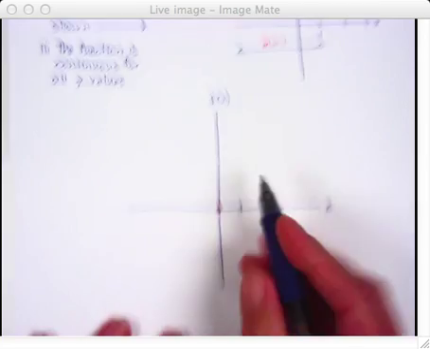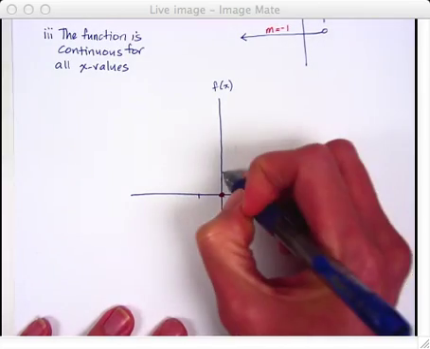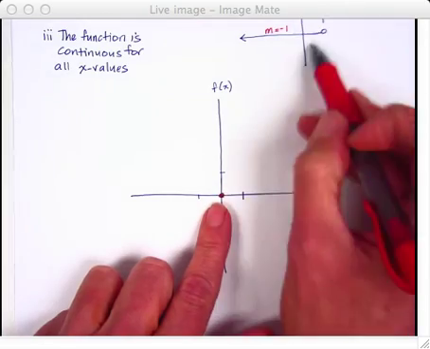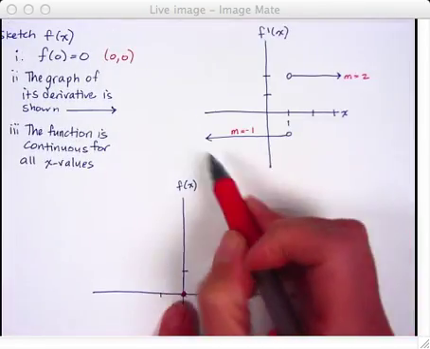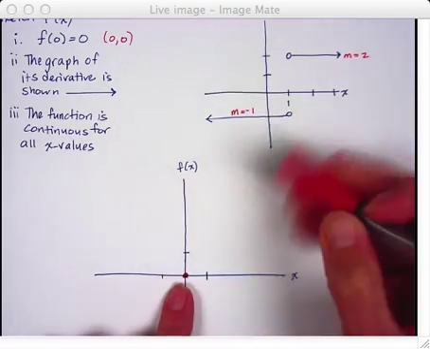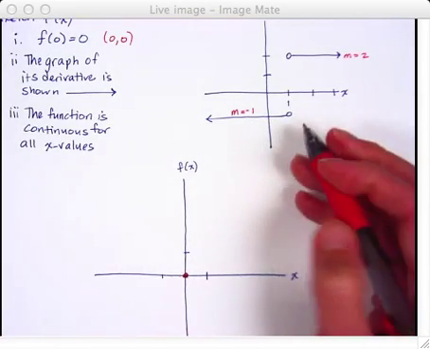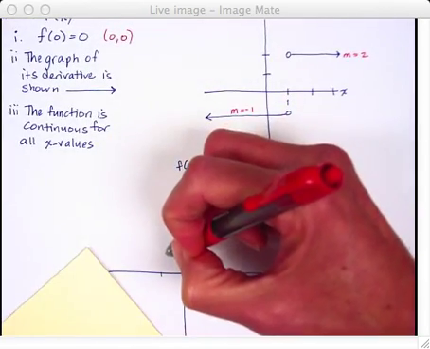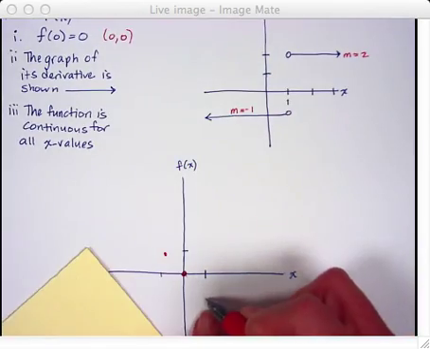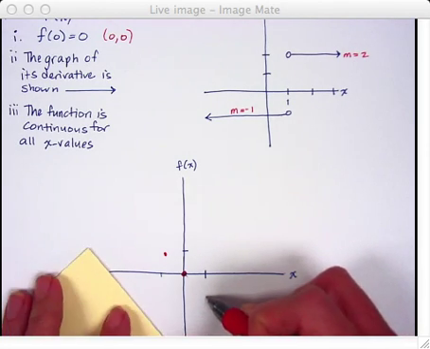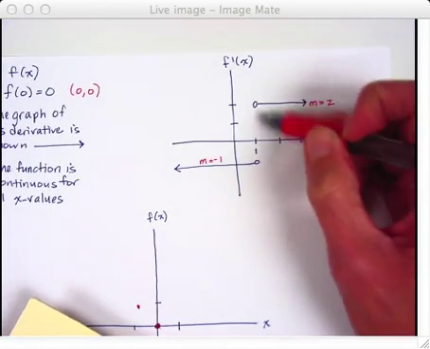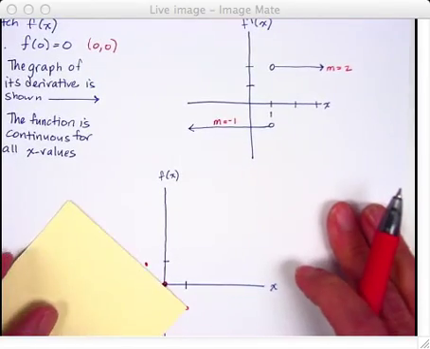So if here's (0, 0), and I know that is a point on the line, I know that since this is flat and constant right here, every single tangent line is going to have the same slope. So I'm going to draw a line with a slope of -1 until I get to right here at x equal to 1. And for now, I'm just going to put an open circle because I don't really know what's happening there, because notice that these are all closed or open circles.